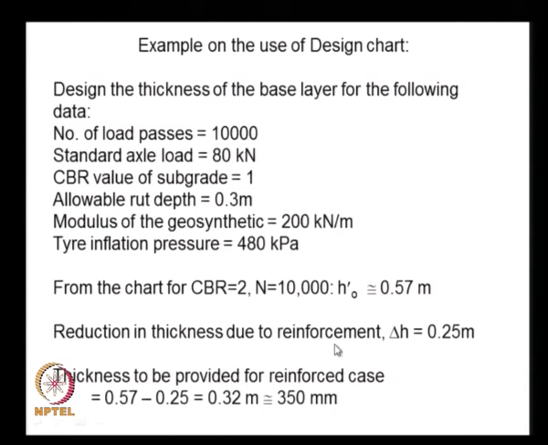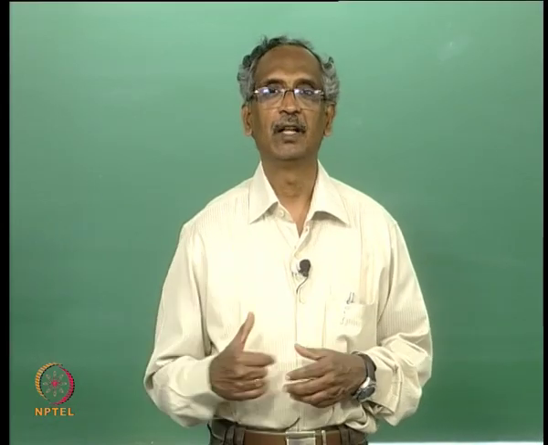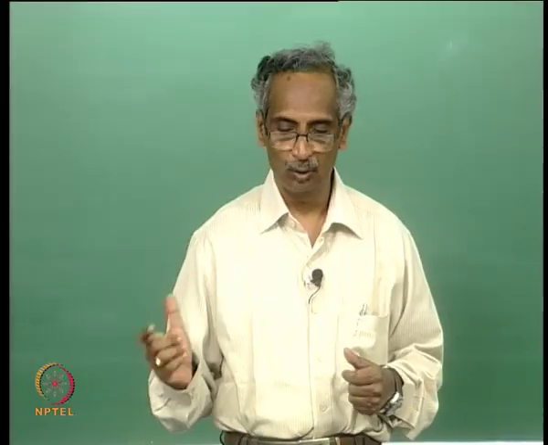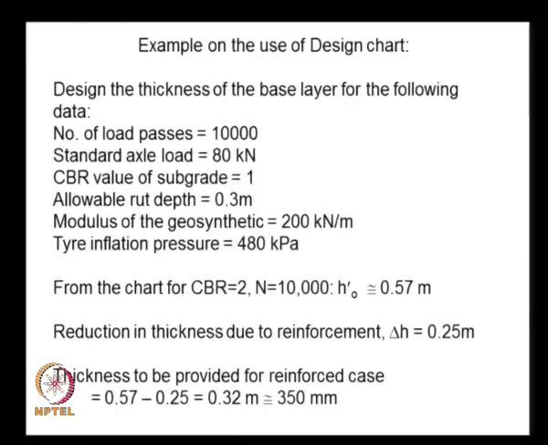And so we can say that because of the provision of the reinforcement, we can reduce the thickness of the pavement by 250 millimeters. So the thickness of the granular base that is to be provided is now reduced to 350 millimeters from the earlier 570 millimeters.